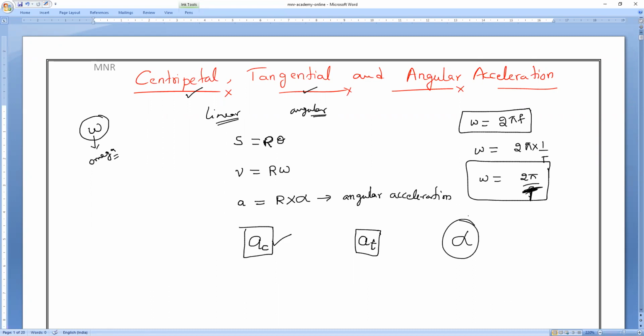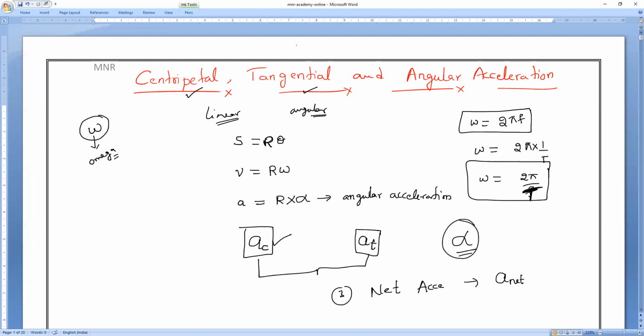The next type of acceleration is net acceleration, represented with A subscript net.